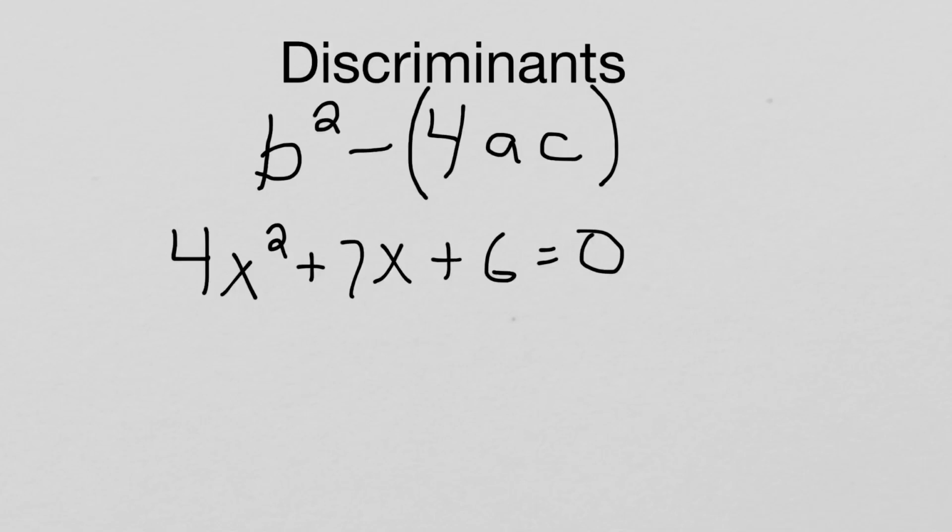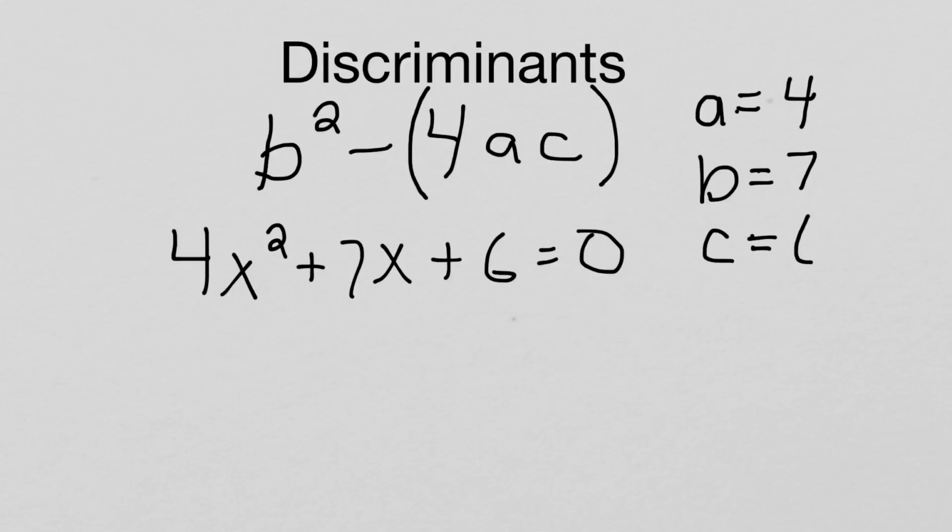All right, first thing I need to decide is my A, B, and C here. A equals 4. B equals 7. It's positive 7. There's a plus in front of it. And C equals 6.